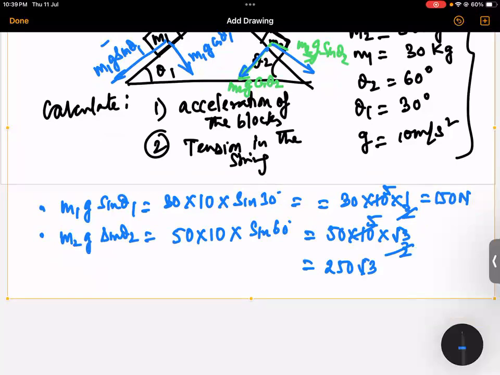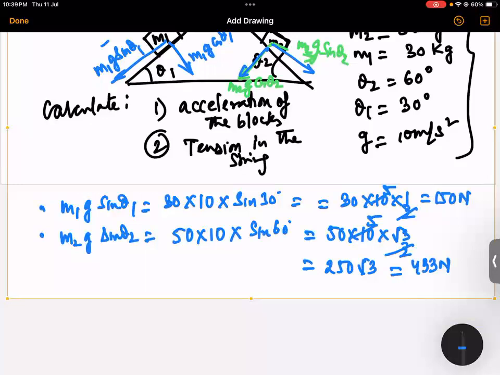That is 250 into 1.732, because you know the value of root 3 is 1.732. So it will come to as 433 Newton.